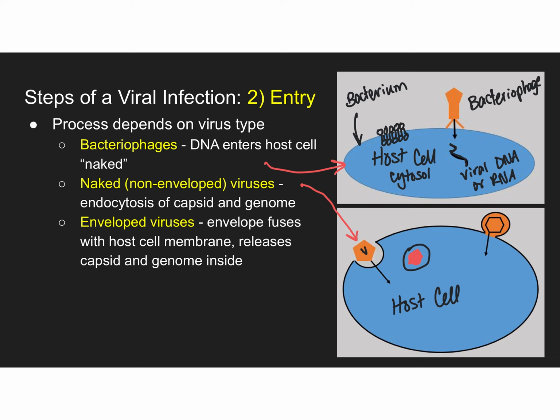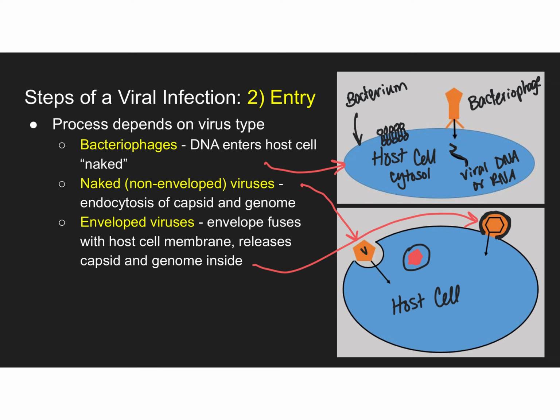And then once it's in there, the cell is going to do different things to then access the genetic material that's inside that virus. And then last but not least, for an enveloped virus, we have this situation over here where the envelope or the membrane of the enveloped virus, and that envelope is this area here. And remember that this envelope is similar in composition to the cell membrane.